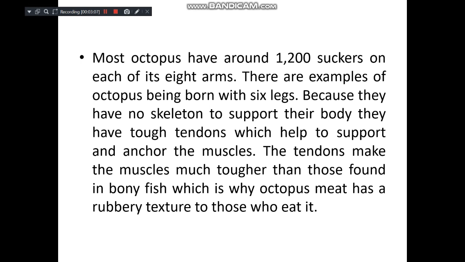They have only tough tendons, with the help of which it can support or even anchor the muscles. These tendons make the muscles much tougher than those which are found in the other parts of the body.